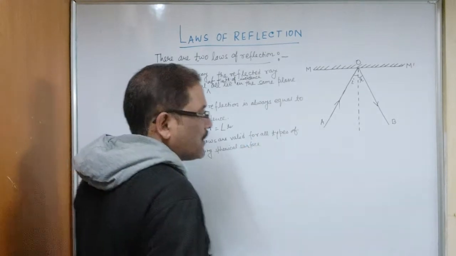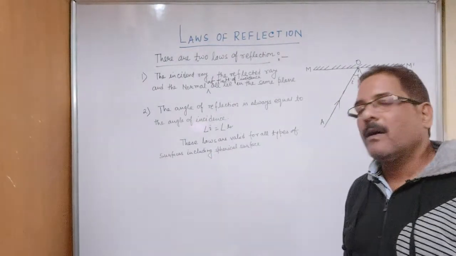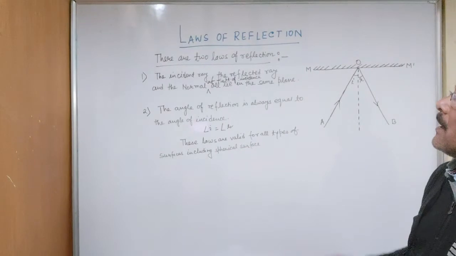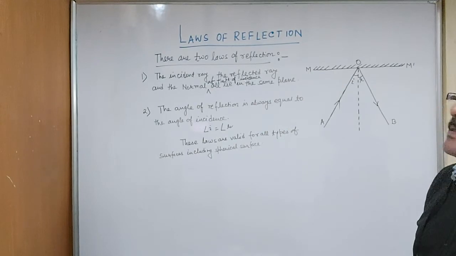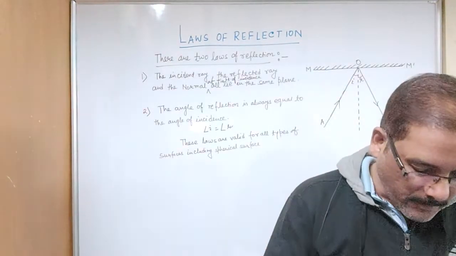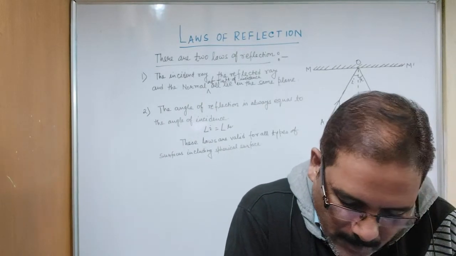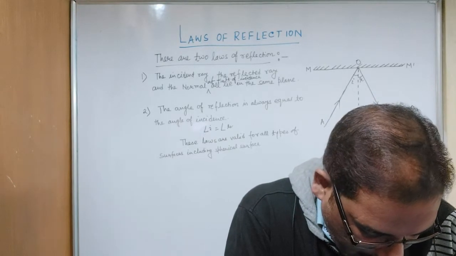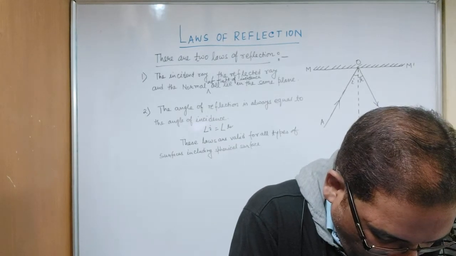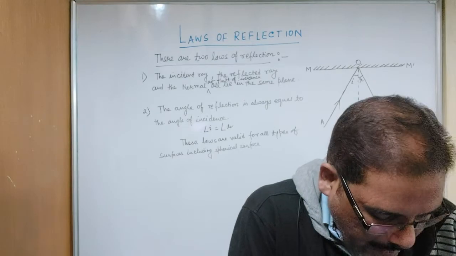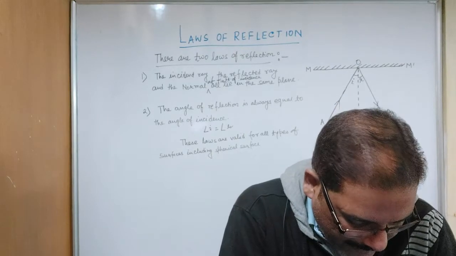So whether the surface is smooth or plain, rough, uneven, spherical, in all the cases these laws are valid. You can't say that these laws are valid for plane surfaces only. Now we will discuss some of the questions. If you change the angle of incidence, angle of reflection will also change by the same amount.